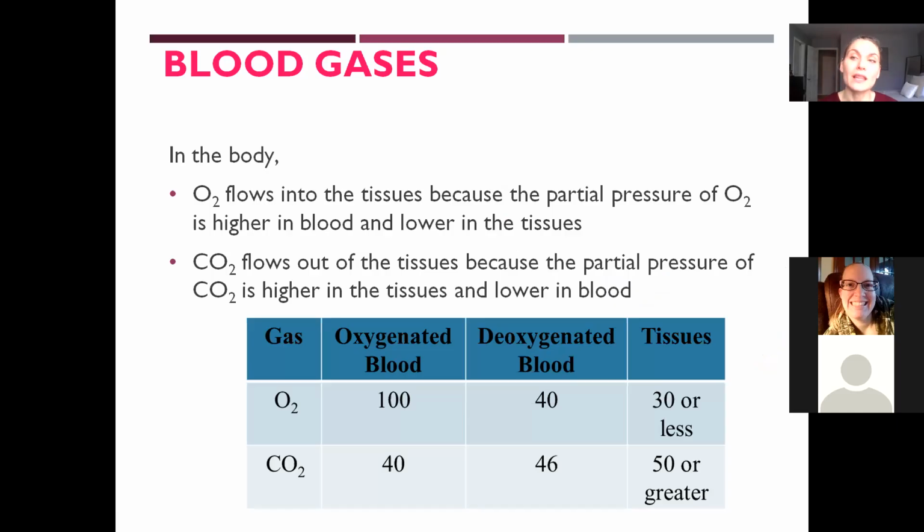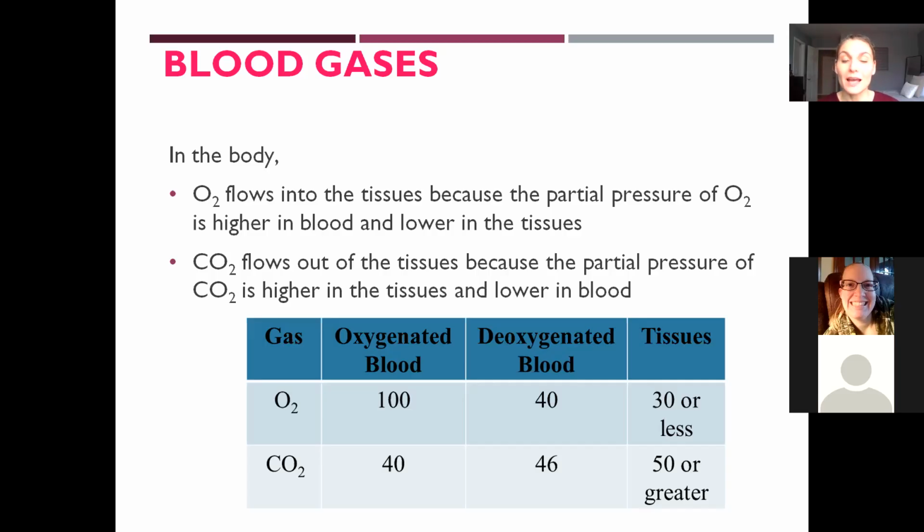This is what allows that exchange between the pulmonary circulation and the systemic circulation. When we think about oxygenated blood, we have a pretty high partial pressure of oxygen and not as much carbon dioxide. For deoxygenated blood, we carry a little higher CO2 and a little less oxygen.